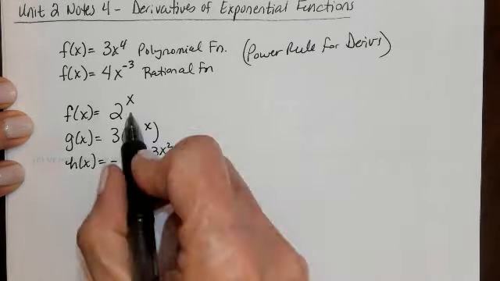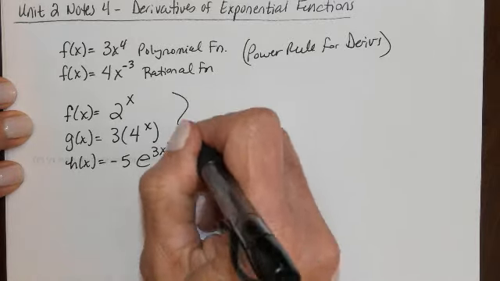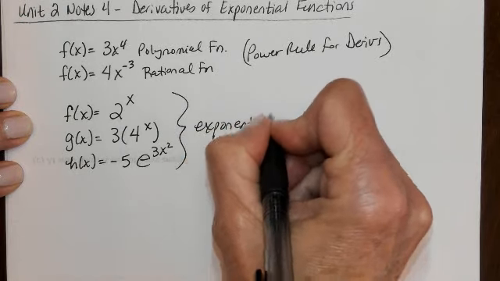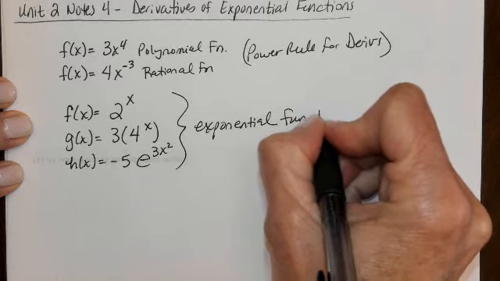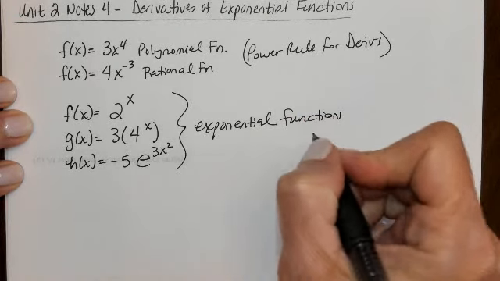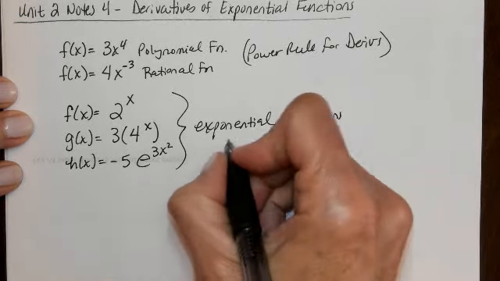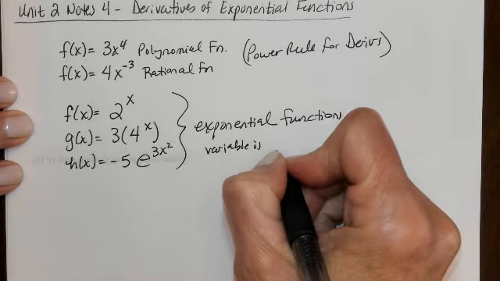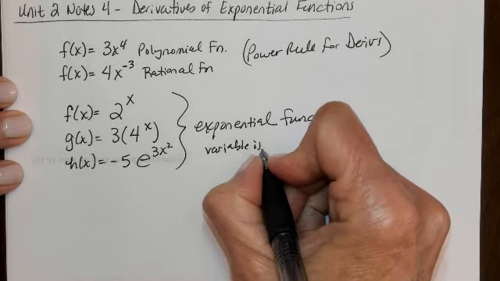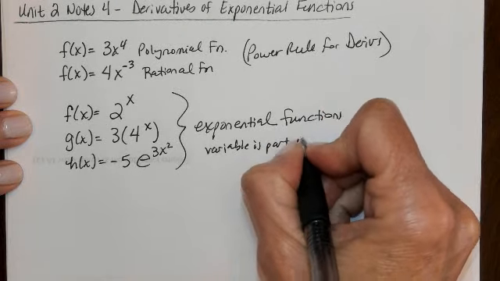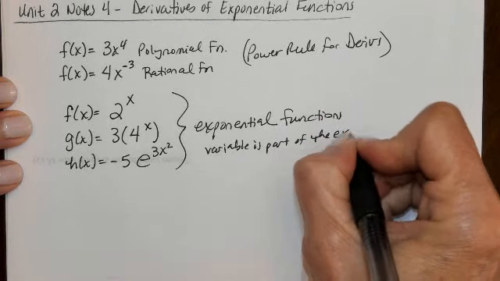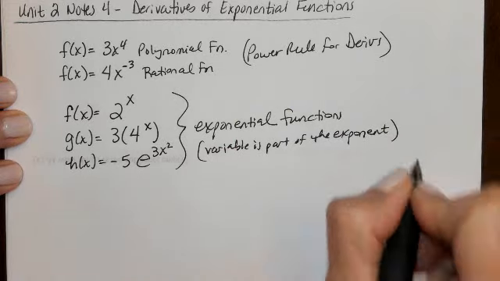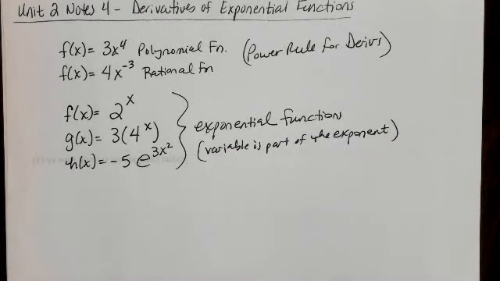These are exponential functions. They're exponential because the variable is the exponent or is part of the exponent. That's what makes it an exponential function.